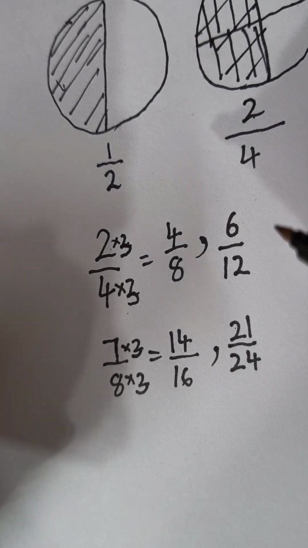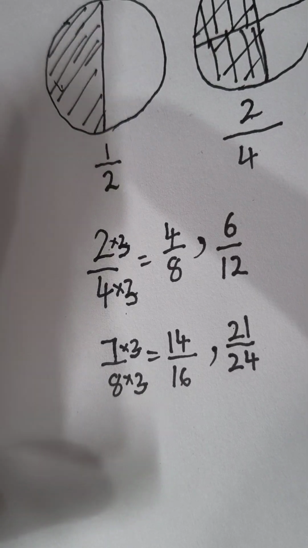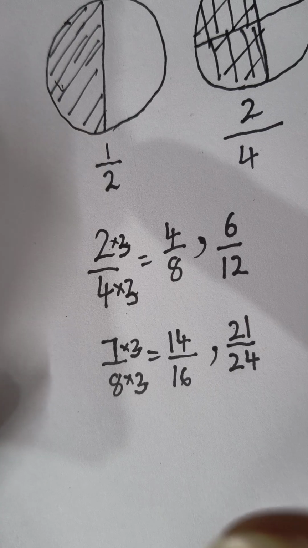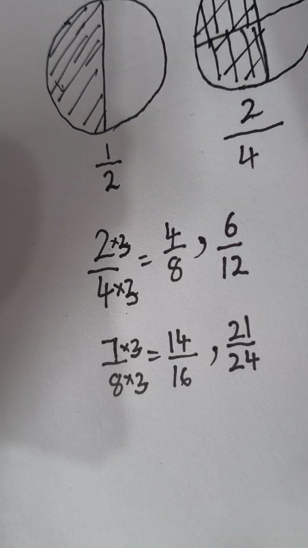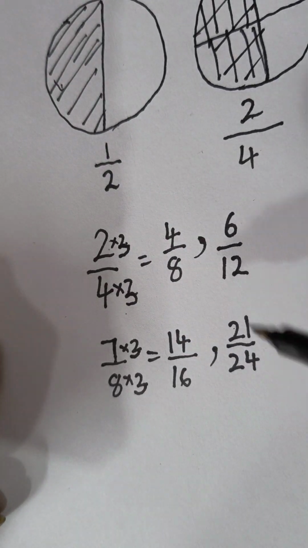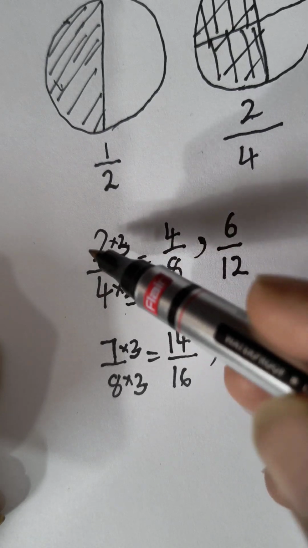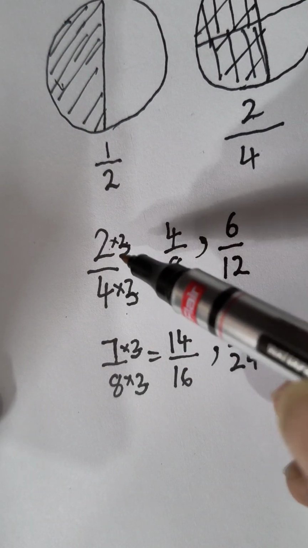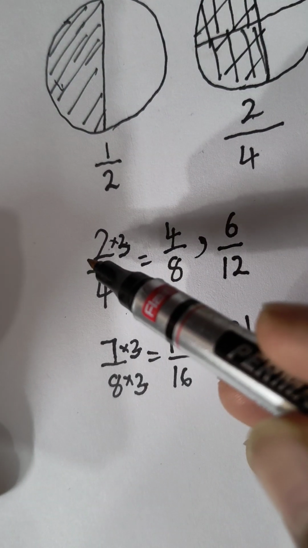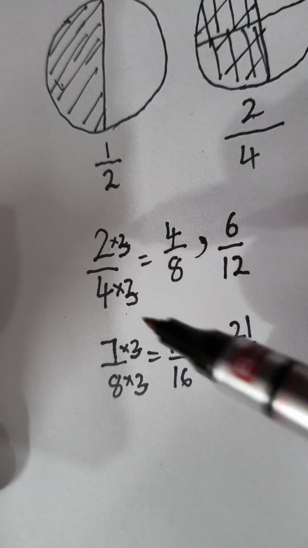So listen to this video twice, thrice, but try to understand on your own and never get confused. When the question is to write the next two equivalent fractions, that means multiply by 2, because if you multiply by 1, you will get the same answer. 2 ones are 2, 4 ones are 4. So when the question says next 2, you have to multiply 2 by 2 and 4 by 2.